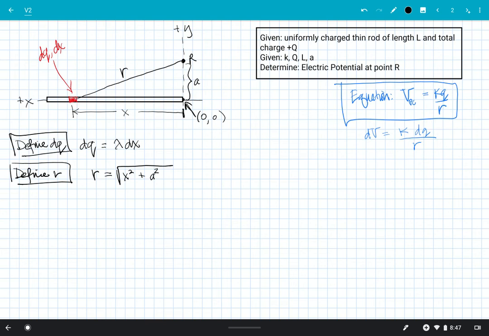One thing I want to just mention real quick here that I didn't for the last one is that if you were solving for E field, the third question, remember when we were doing these things for E field, the structure that I showed you was: define dq, define R, and then we asked ourselves, is there any cancellation, right? You can still do that, looking for symmetries and such. There is no cancellation in a case like this where I have only positive charge.